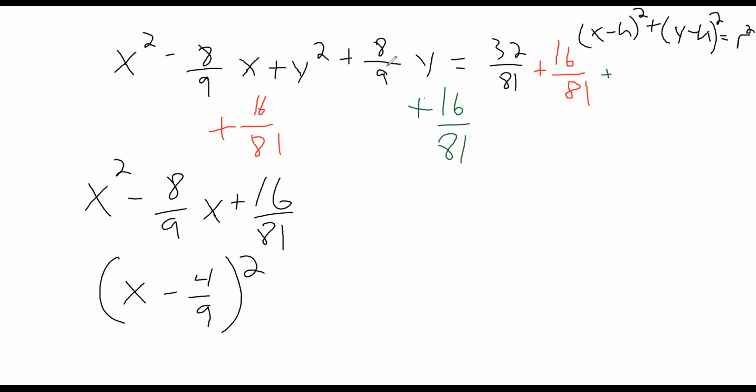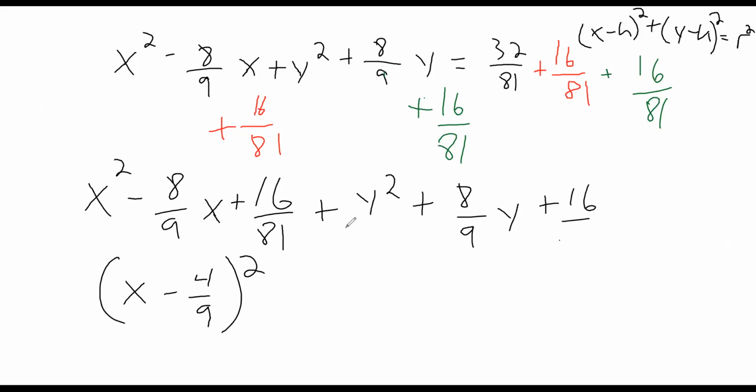The stuff in red is what you added. Okay. So now for the y's, I have y squared plus 8 over 9y plus 16 over 81.